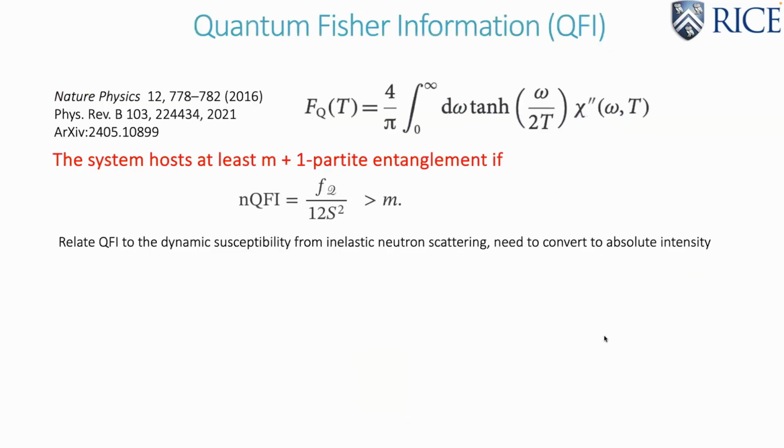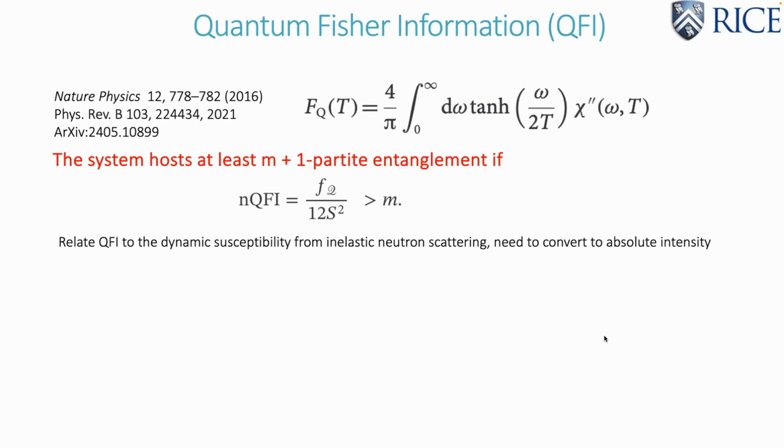Okay, and as people mentioned this morning, we can use the quantum Fisher information to determine that the system holds at least n+1 entanglement if the quantum Fisher information is larger than a certain number m, right?